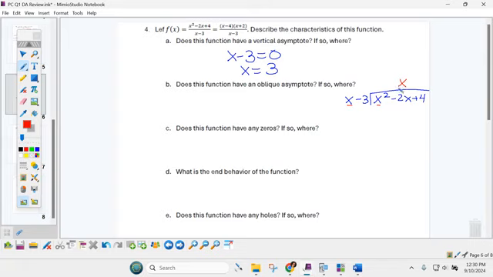X squared divided by x is x. Multiply it back. Subtract. 1x divided by x is 1. There's my slant asymptote. Y equals x plus 1. Any zeros? Yes, there will be x-intercepts. Set the entire equation equal to 0.